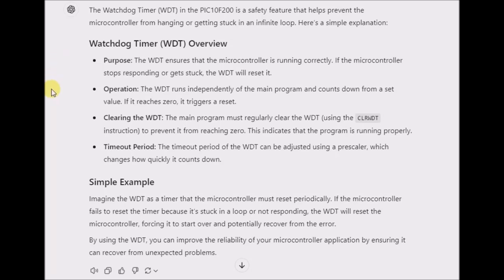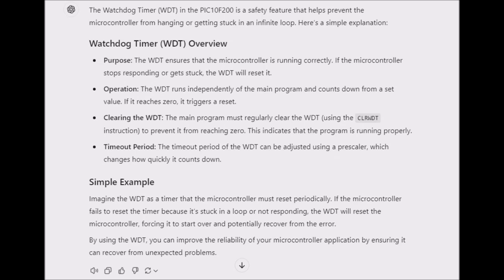Operation. The WDT runs independently of the main program and counts down from a set value. If it reaches 0, it triggers a reset. Clear the WDT. The main program must regularly clear the WDT using the clear WDT instruction to prevent it from reaching 0. This indicates that the program is running properly.